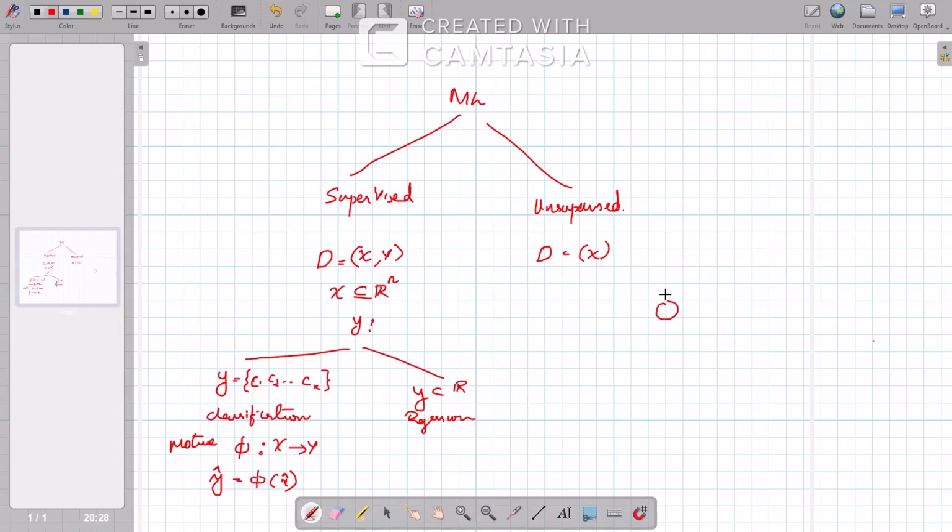It can map the input data into the output classes, with phi cap equal to the minimum phi, right? Where y minus phi of x.